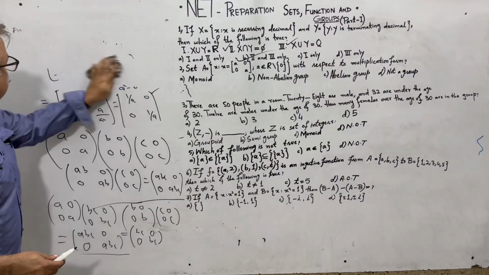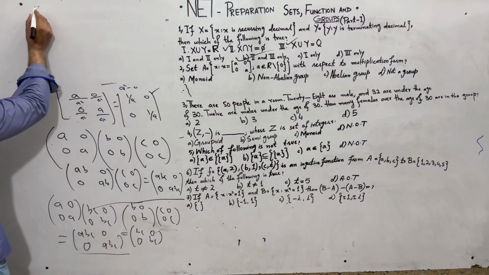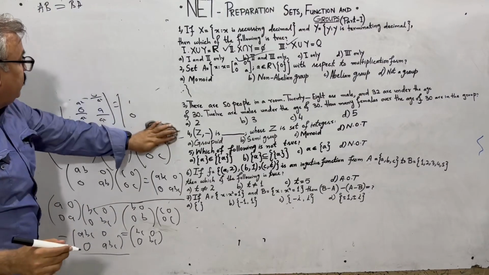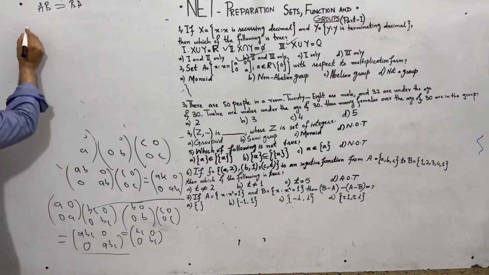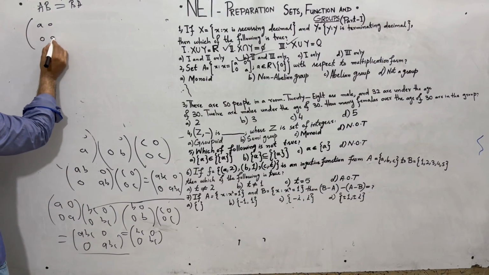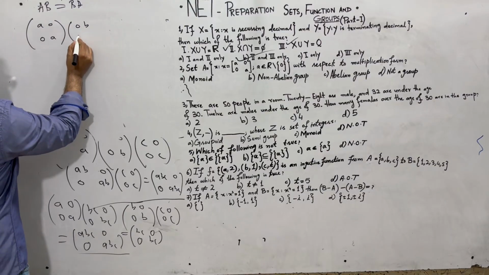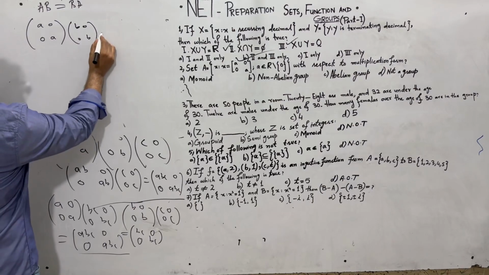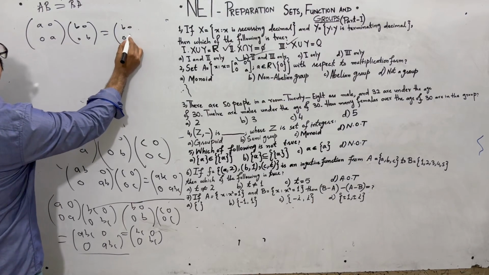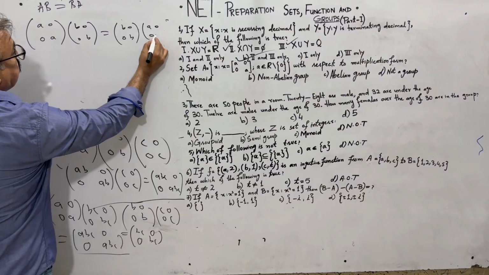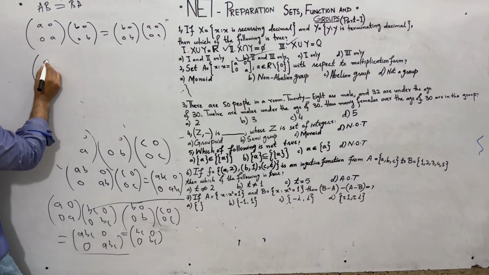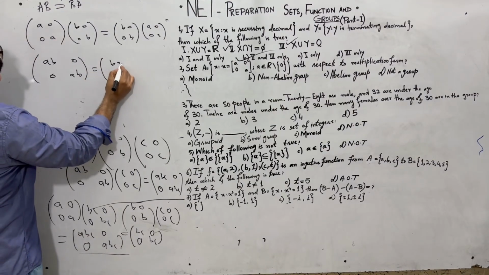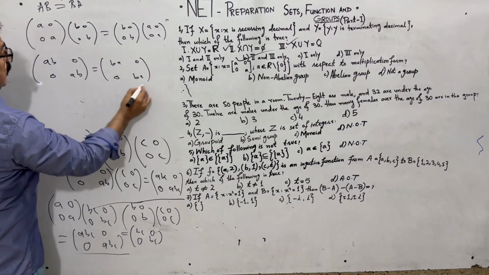Fifth condition: AB is equal to BA. Let's see. AB must be equal to BA for commutativity, the fifth additional property for a commutative group. A 0, 0 A times B 0, 0 B is equal to B 0, 0 B times A 0, 0 A. We will get AB 0, 0 AB, and in that case, we have BA 0, 0 BA.